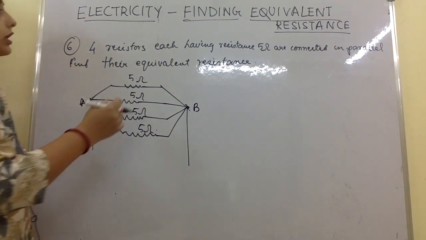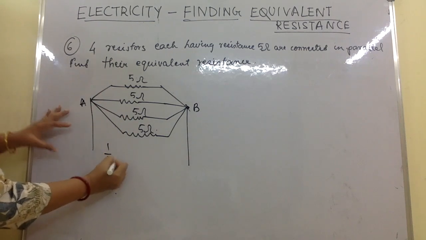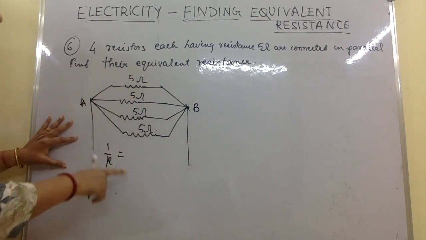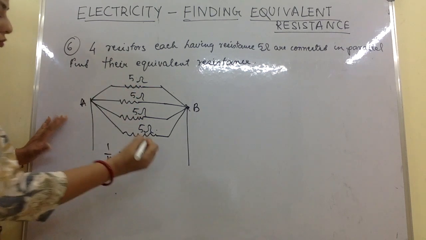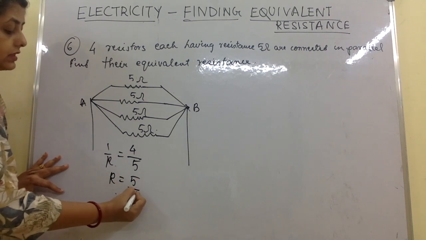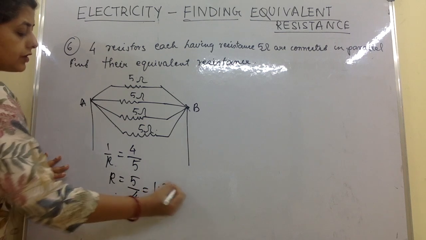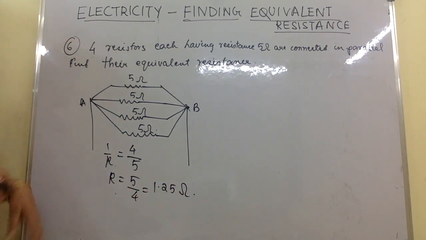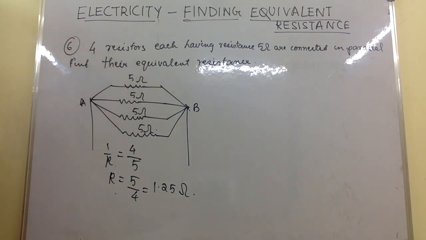In this case, how can we do a shortcut? Actually it is 1 by R, which is 1 by 5 plus 1 by 5 plus 1 by 5 plus 1 by 5. So why don't we do this as 4 by 5, just a little shortcut. So R is 5 by 4, which is 1.25 ohms. So the equivalent resistance in this case is 1.25 ohms.